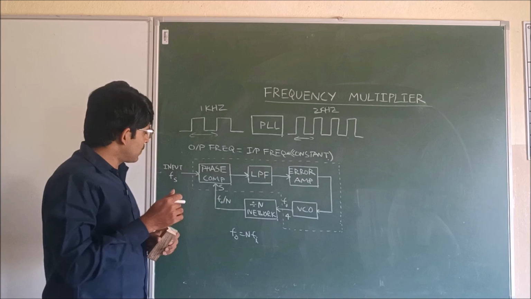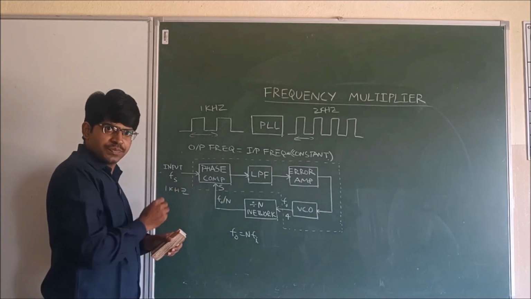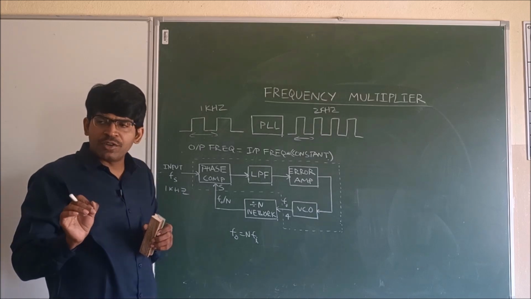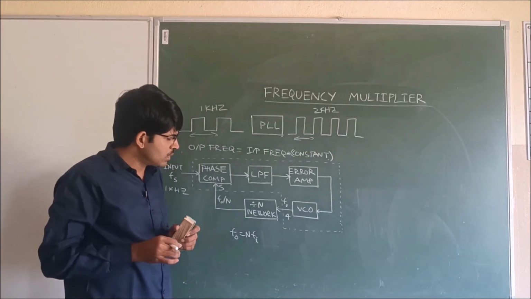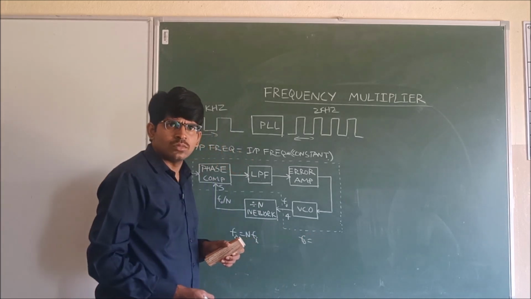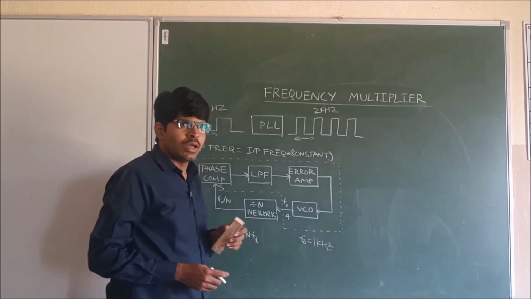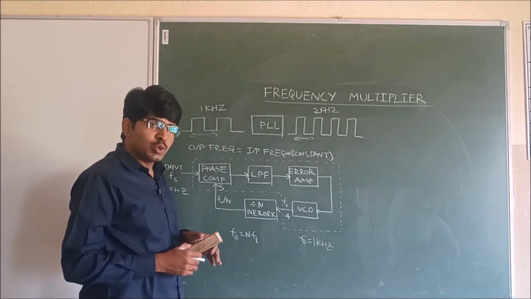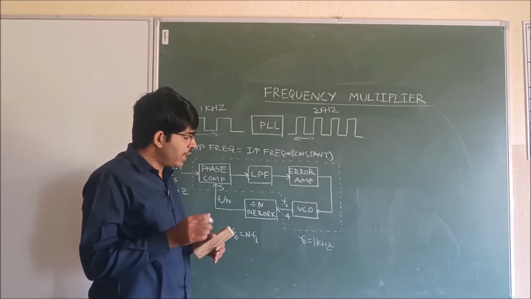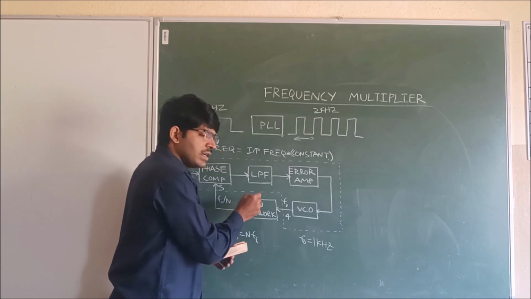Example, in this case, the input signal frequency is 1 kilohertz. The VCO center frequency is also 1 kilohertz. Now we are using, for example, a percentage n network.